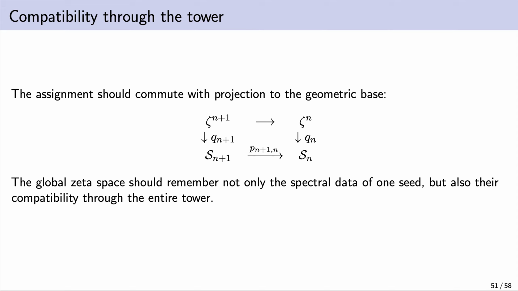The assignment should commute with a projection to the geometric base, like so, and thus the global zeta space should remember not only the spectral data of one seed, but also their compatibility through the entire tower.